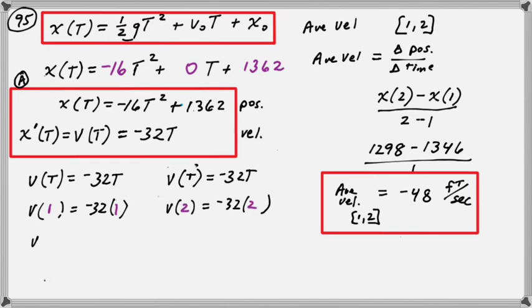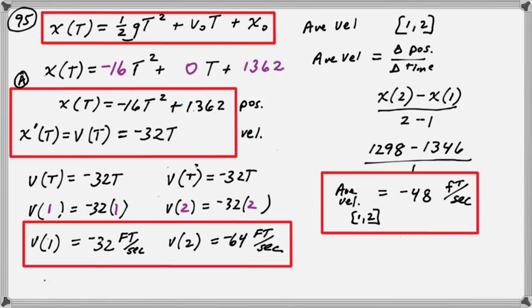So the instantaneous velocity at time 1 is negative 32 feet per second. The instantaneous velocity at time 2 is negative 64 feet per second. Hopefully you notice that the average velocity is between the two instantaneous velocities. Now this is the answer for part B. Actually, B wanted the average, and this is the answer.